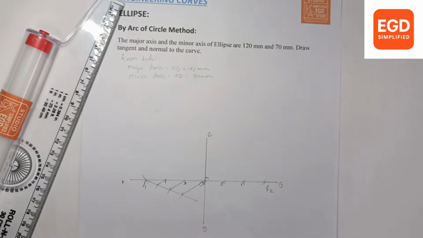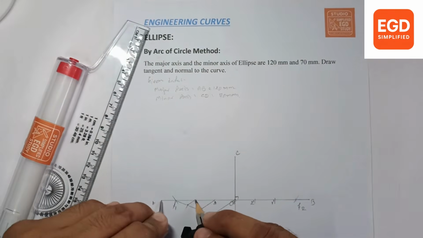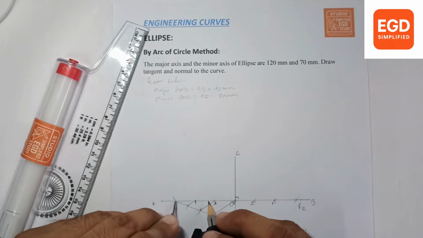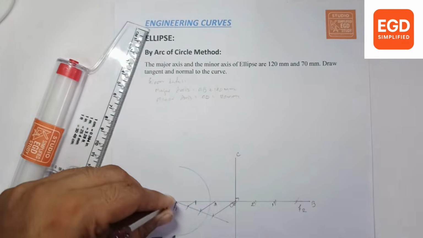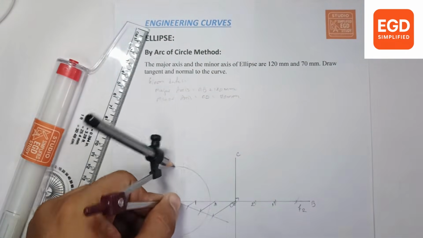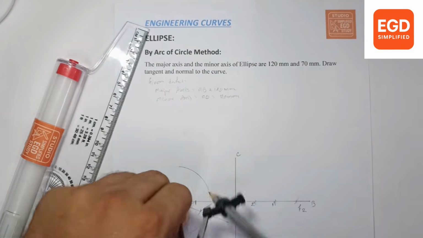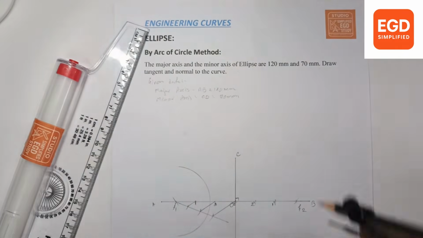Now take your rounder, place it on A, take a measurement from A to 1, put your rounder on focus F1 and draw a circular arc. You can draw a minor arc here also, only this much portion, but we will draw a half circle from F1.